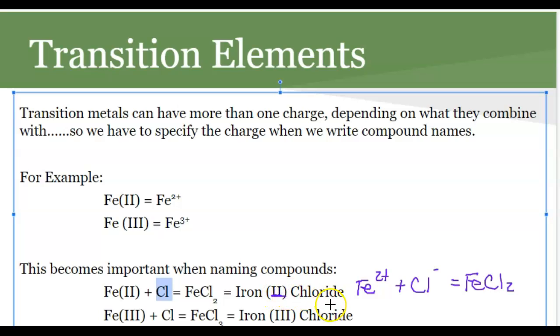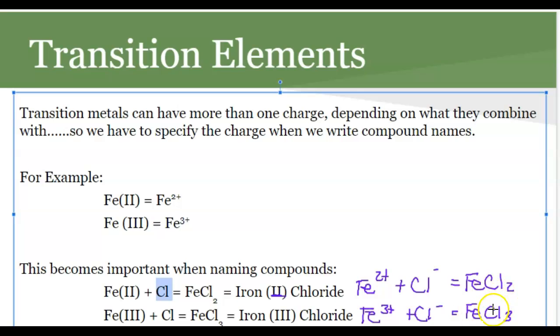For the transition metals, you actually have to include the Roman numerals. When we were learning about this before, we didn't have to include that because they always kind of follow a set pattern. For the transition metals, however, you need to specify because that would change the formula, as seen down here. So if iron was a +3, meaning that it happened to have 3 electrons to give, and I'm trying to combine it with Cl, then I would end up with FeCl3.